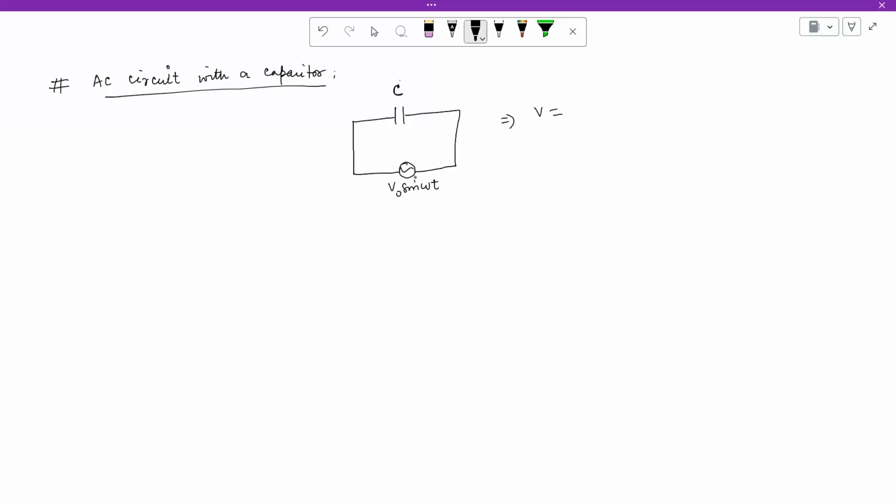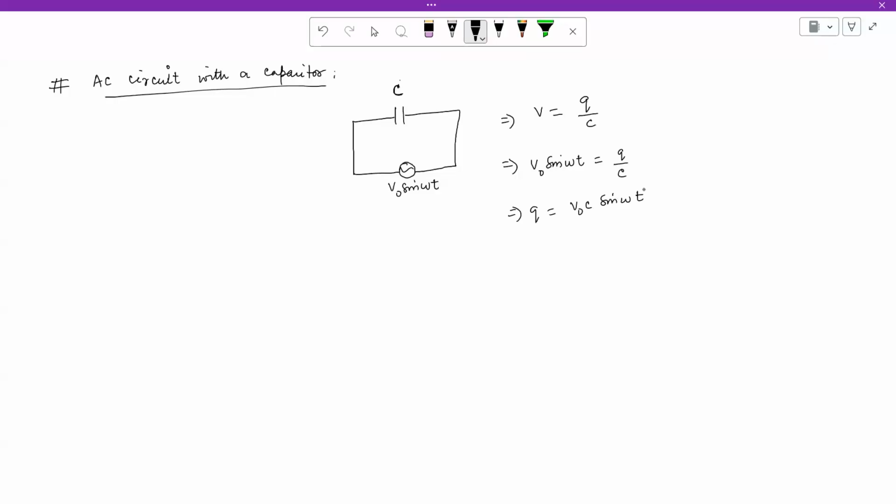Q is equal to CV, so V would be Q by C, right? So we have V is V naught sine omega t equals Q by C. So Q is V naught C sine omega t, right?